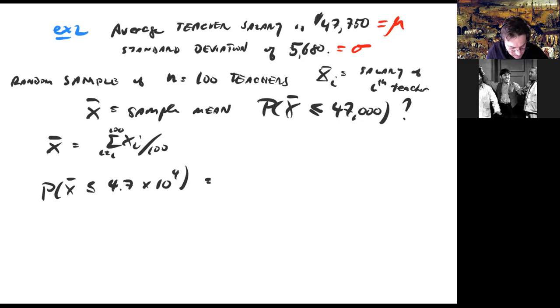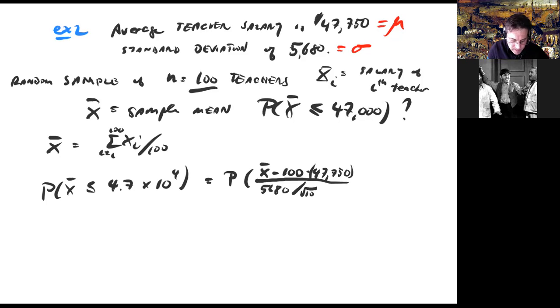So I want to normalize this. This is the same as the probability that X bar minus mu, which is 47,750, divided by sigma, which is 5680, divided by the square root of 100, is less than or equal to 4.7 times 10 to the 4th minus 47,750, which I'll write as 4.7750 times 10 to the 4th, divided by 5680 divided by the square root of 100.